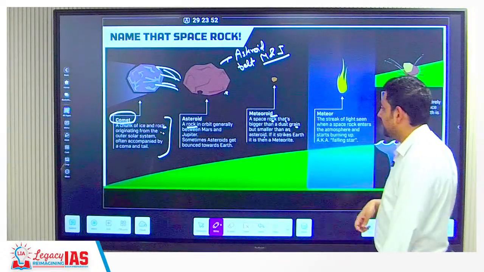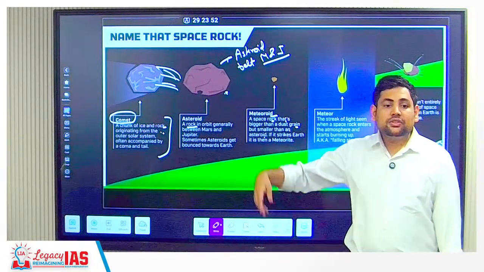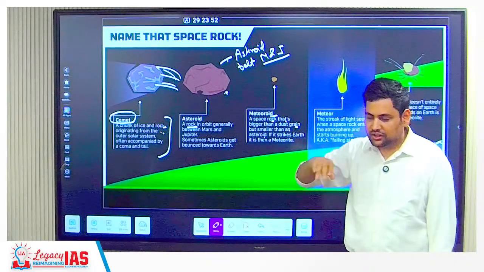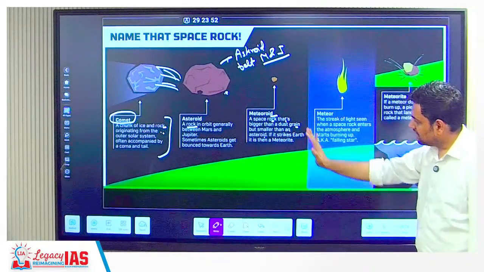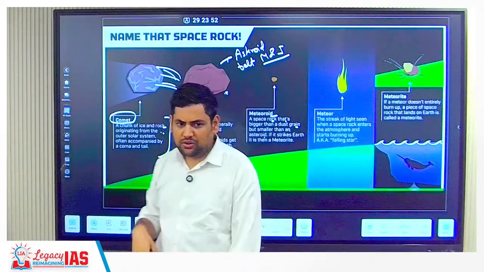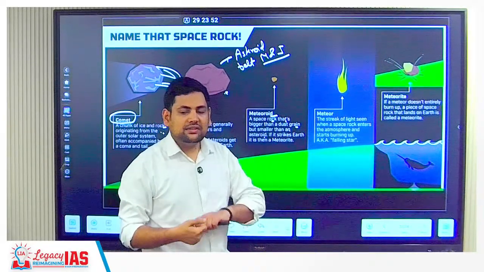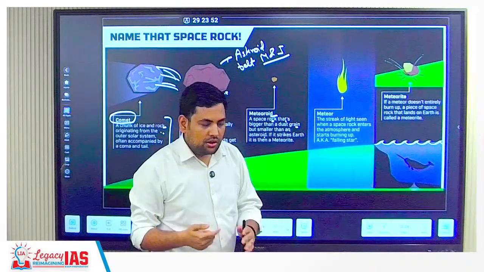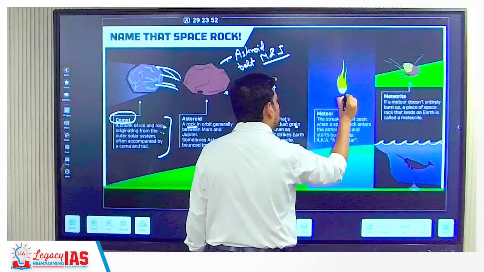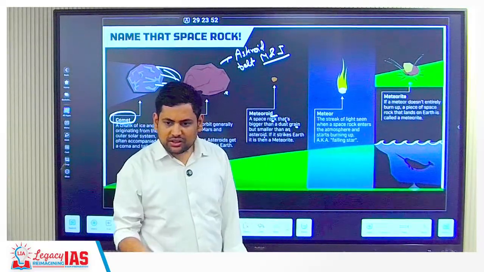Now sometimes, you might have heard that one asteroid is coming towards India, towards Earth. Now this is what happens in the atmosphere when it is trying to enter Earth. The Earth's atmosphere has very high air resistance and friction. Let's say this meteoroid tries to enter here. Now friction can burn things.